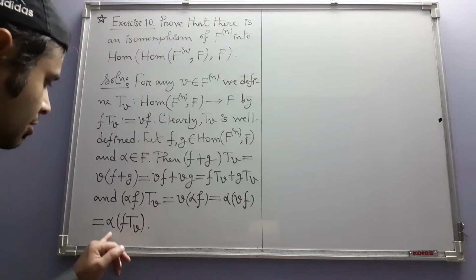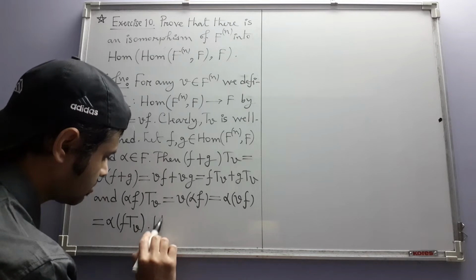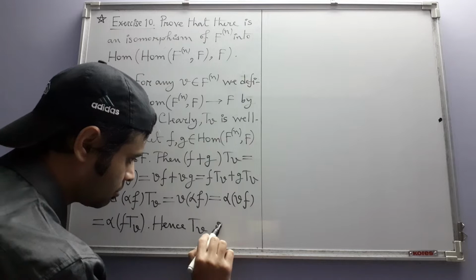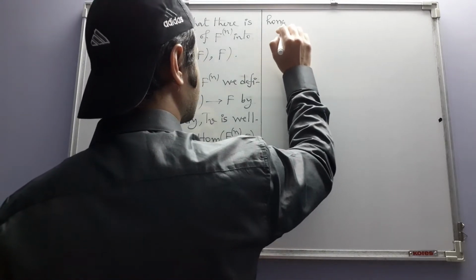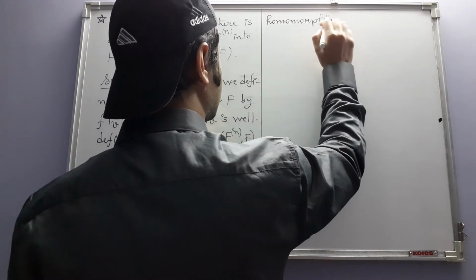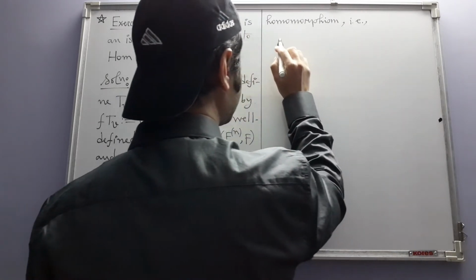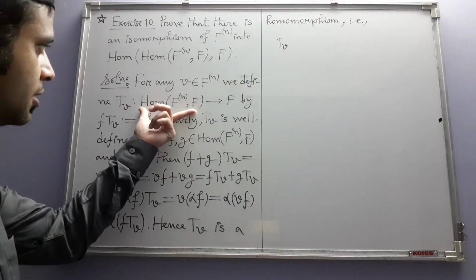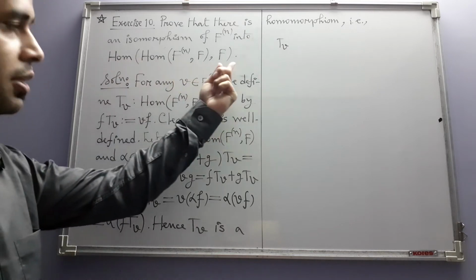So Tv also respects multiplication by scalars, hence Tv is a homomorphism, i.e. Tv is a homomorphism from this vector space into this vector space. That means Tv is an element here.